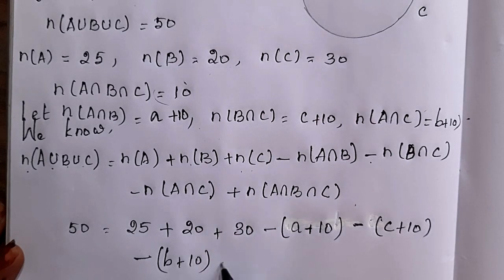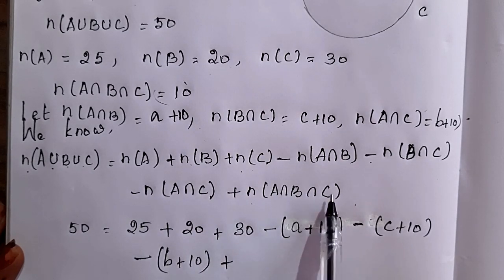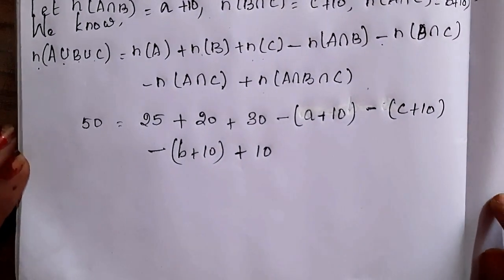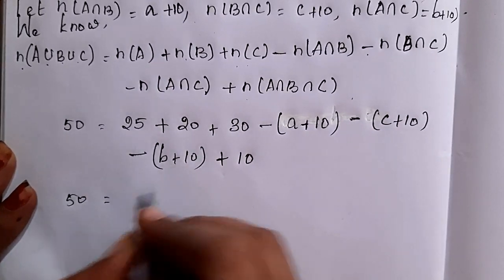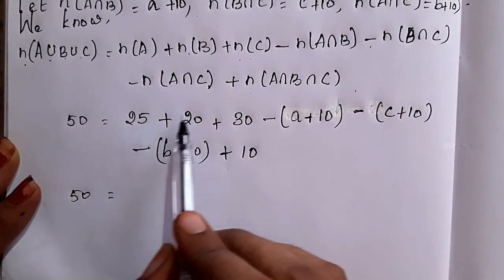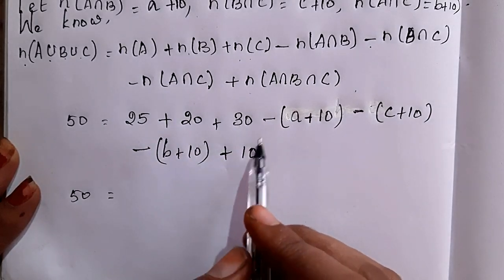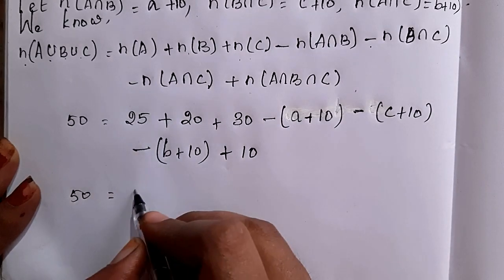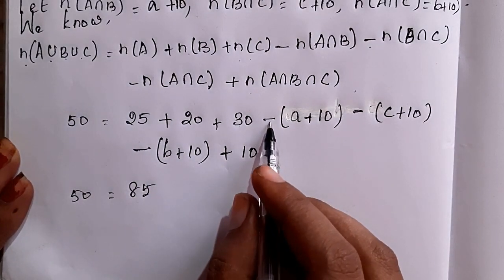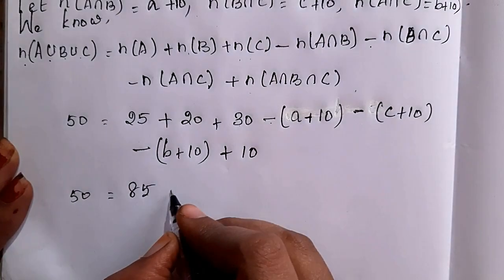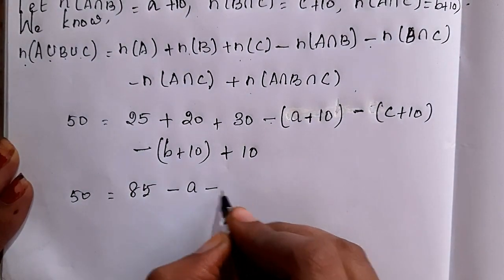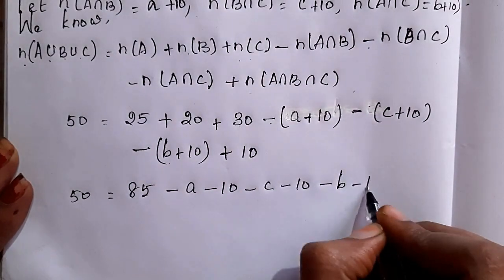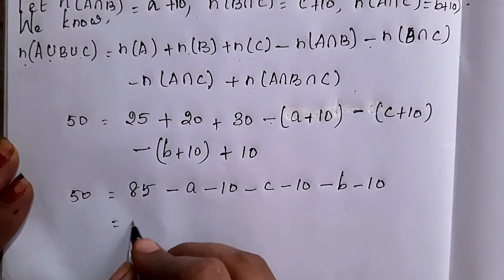Also another part, plus N of A intersection B intersection C is 10. Okay, we can add now. 50 equal to, add the numbers: 20 plus 30, 50, plus 10, 60, 70, 85. So we got 85. Then we can multiply the minus inside this. So minus A, minus 10, minus C, minus 10, then this part, minus B, minus 10.